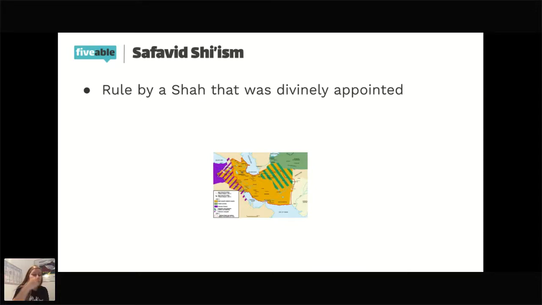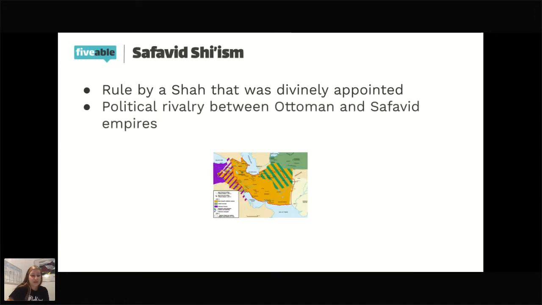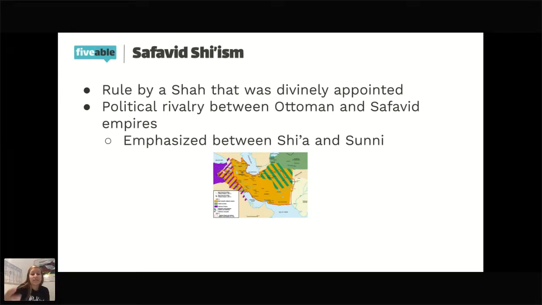Even though these three gunpowder empires are all Muslim, it's going to emphasize that division between Shia and Sunni that had already existed previously. And it's going to create political rivalries with their two neighbors, the Ottoman Empire and the Mughal Empire of India as well, because we're seeing these divisions between them.